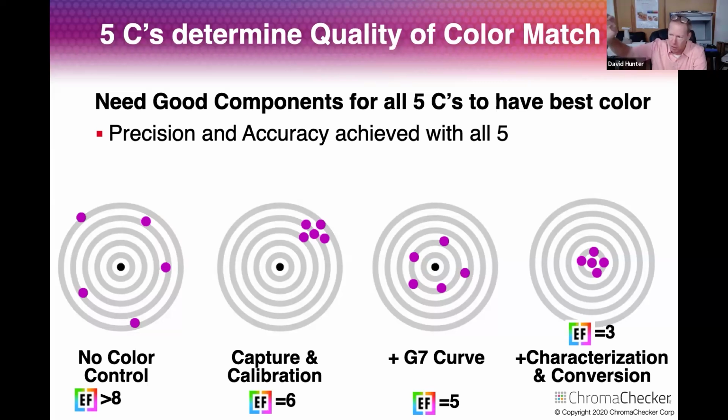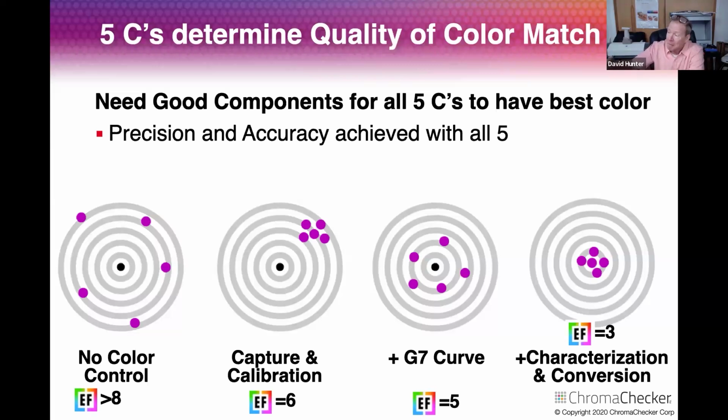They're off the chart. They're not accurate. They're not precise. If you've got precision under control, you might be down in a 6 range. If you've got a G7 curve at play, you might get down to a 5 range. If you're using ICC profiles and color conversions correctly, you could easily be down in a 3 range, depending upon the type of printing device you're working with.